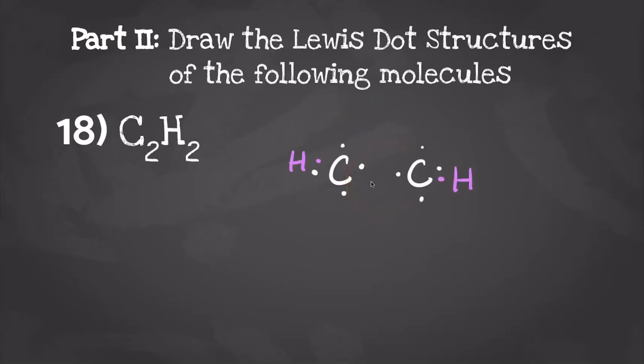So instead of forming one bond, what we can do is that each carbon will share, instead of 1 electron with each other, a total of 3 each. They're going to form a triple bond, allowing each carbon to have 8 electrons, a full octet, and hydrogen only needs 2. So that would be our dot structure.